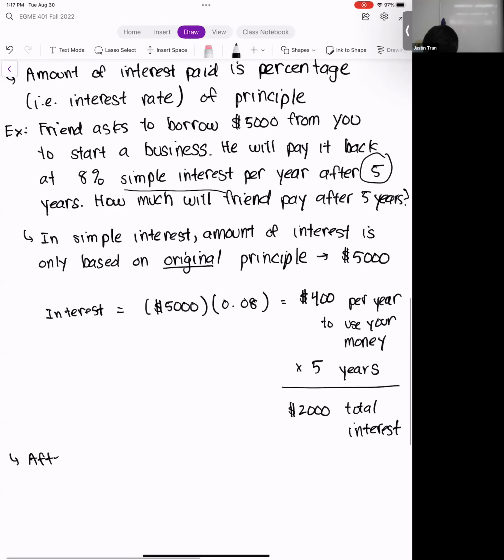And so after the 5 years, your friend is going to pay you the $2,000 interest, plus the original amount that he borrowed from you, right? He borrowed $5,000, so he's going to pay you $2,000 plus the $5,000 principal.